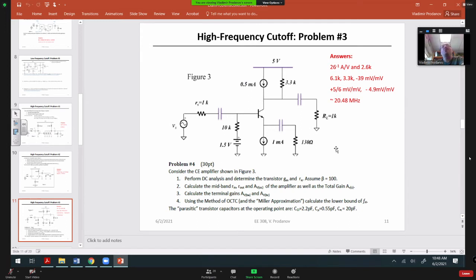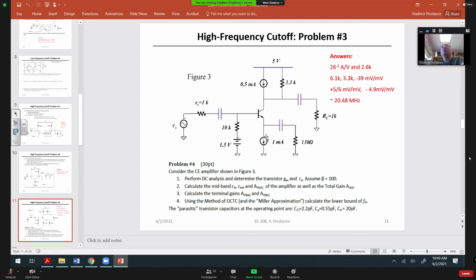Then I expect everyone to be able to recognize the bootstrapping effect on C-pi because there is a degeneration, and to evaluate the capacitive loading on the input node. This will come through C-pi modified, C-pi effective, as well as C-mu, which is subject to Miller. Once you know this, you should be able to solve for the cutoff using the concept of the two time constants.